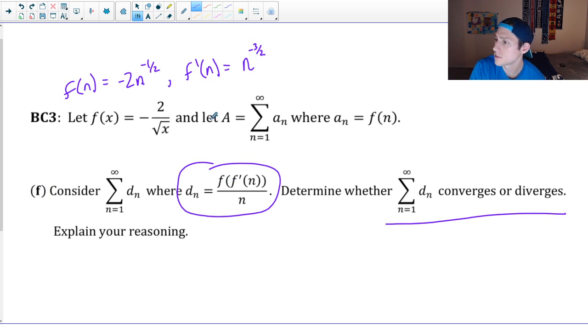So what we want to do is take f prime and plug it into f.